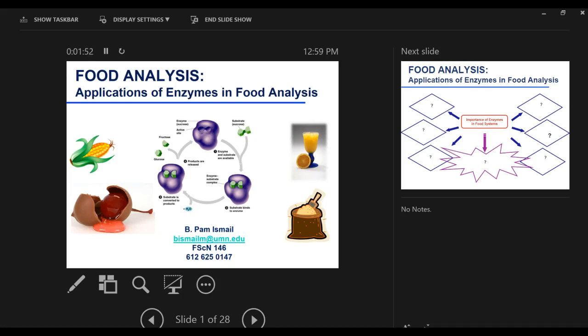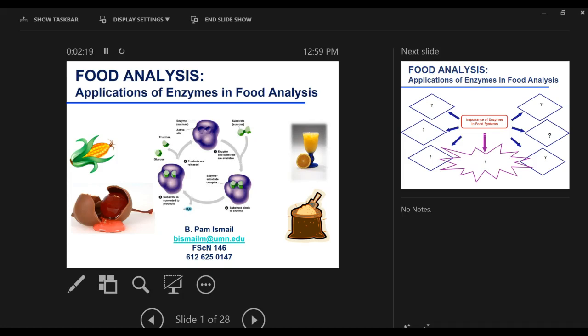However, if we take that sucrose and we use invertase, I'm going to get glucose and fructose. Glucose and fructose will have the syrupy texture, and they will not crystallize over time. Okay, so that is a use of another enzyme.